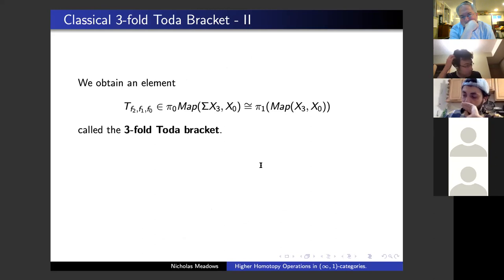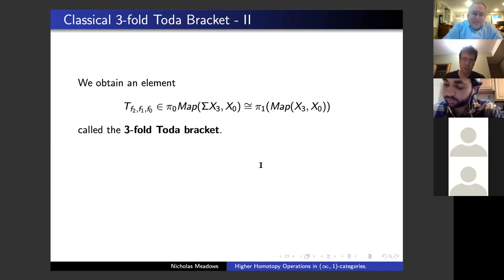I have a couple of comments. First, the space of maps is continuous functions from X3 to X0 equipped with the compact-open topology. You need some local compactness to make sense of this, but all the spaces we care about are CW complexes, and they certainly satisfy that.